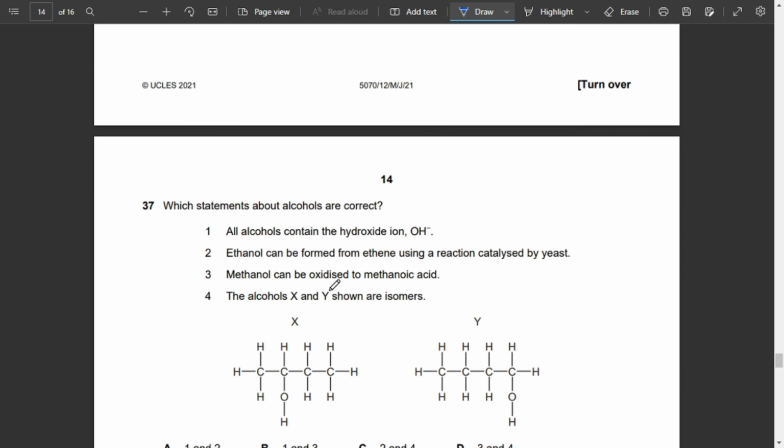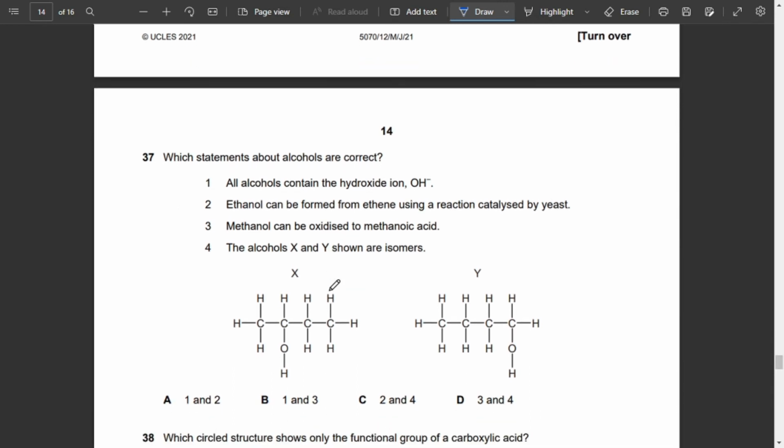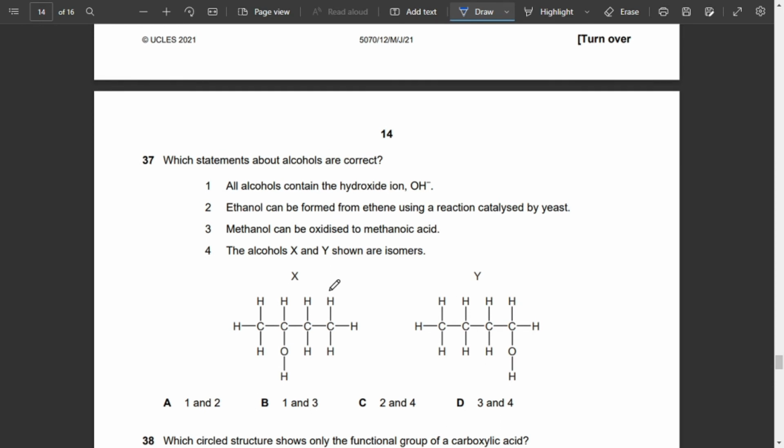Moving on to MCQ number 37, which statements about alcohols are correct? All alcohols contain hydroxide ion OH minus. Ethanol can be formed from ethane using reaction catalyzed by yeast. Okay, we also have structures with us. So if we look, this is X and this is Y. All alcohols contain the hydroxide ion.